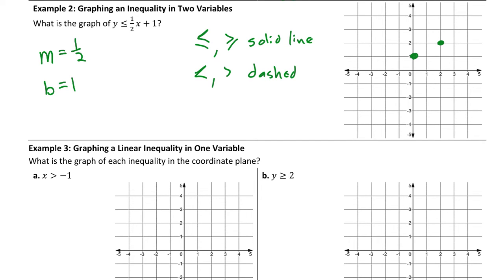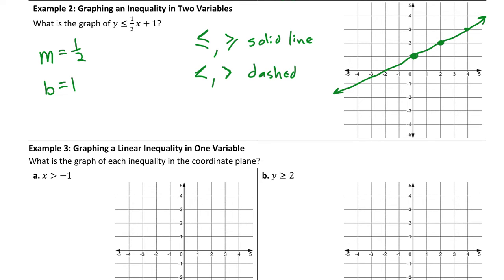And you will see some examples of this as we go through more examples. But since this is less than or equal to, I'm going to draw a solid line. And my line isn't super straight, but that's how I draw my line for y is less than or equal to 1/2 x plus 1.